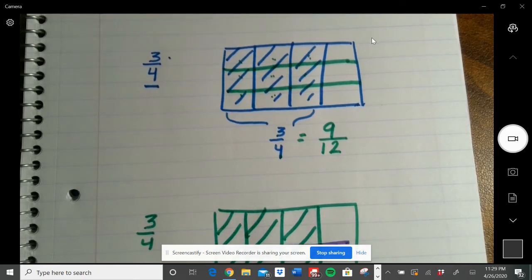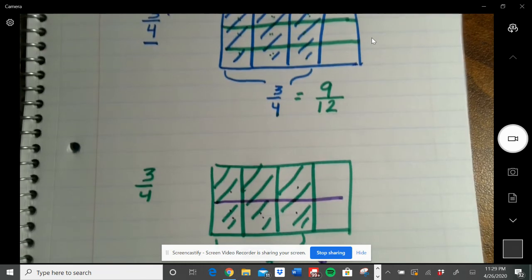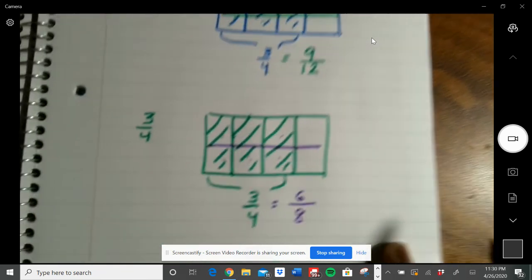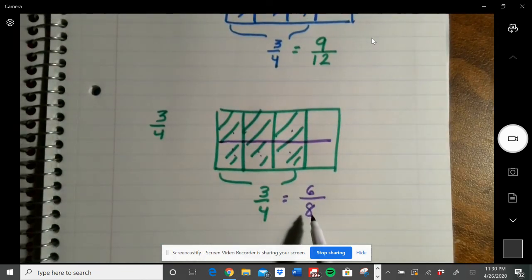And now I see that instead of having 4 pieces, I have 1, 2, 3, 4, 5, 6, 7, 8 pieces. And instead of 3 of them being colored in, I have 1, 2, 3, 4, 5, 6. So 3/4 is also equivalent, whoops, I'm sorry, 3/4 is also equivalent to 6/8.